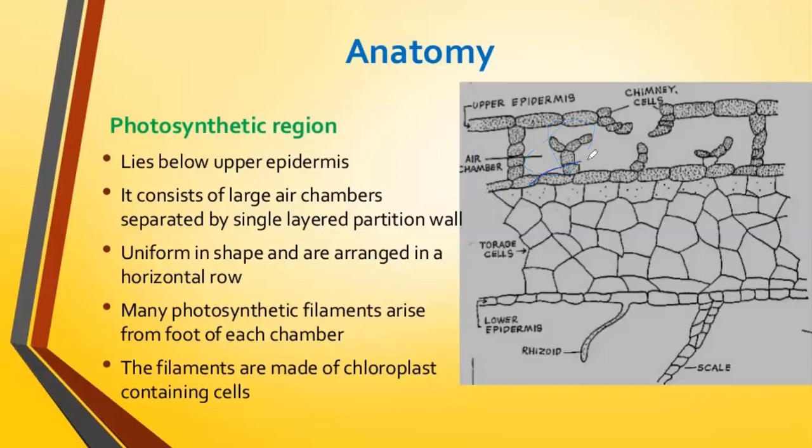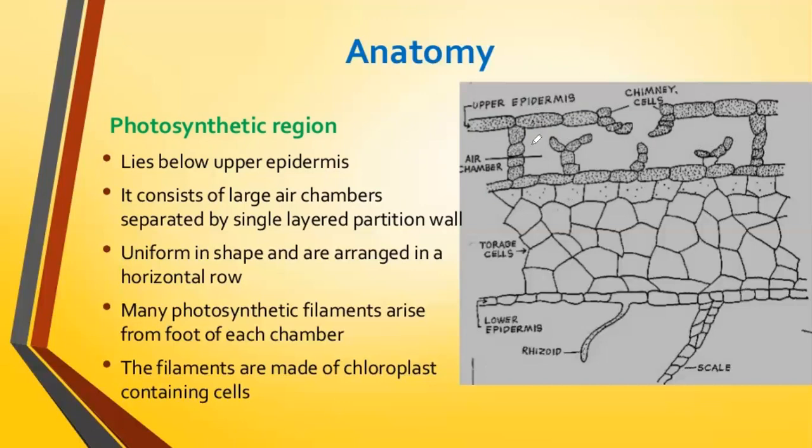And from the chlorenchyma, that is the supporting layer which is found horizontal, a number of filamentous cells arise, okay, which have a lot of photosynthetic pigments. These filamentous cells help in photosynthesis and also they produce the food. They help in the production of the food materials. So this is about the second layer.